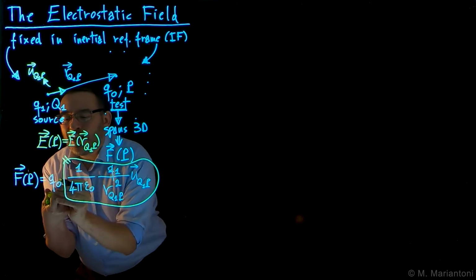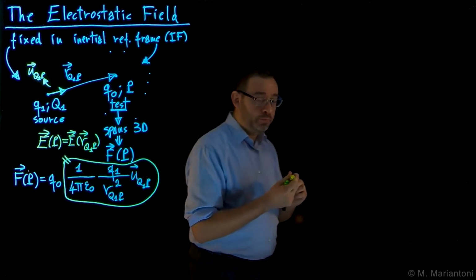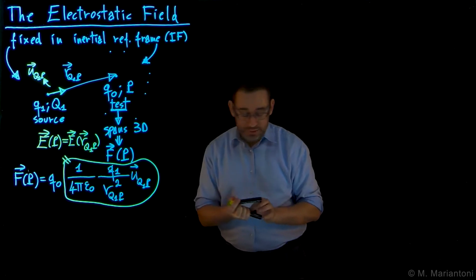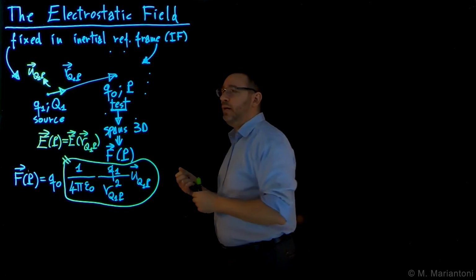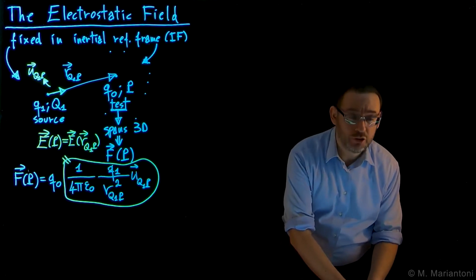We just factor out this Q0 and the remaining quantity in Coulomb's law is called the electric field. This is simple because we are just considering two point-like particles in space which are fixed in an inertial reference frame.